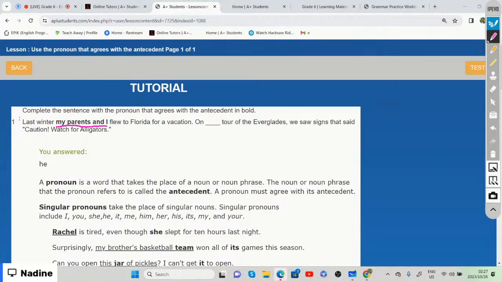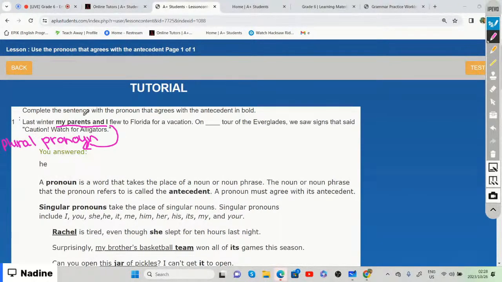So my parents and I, firstly, that is plural. So I'm going to write the word here, plural. It refers to more than one person. So which means that we need to have a plural pronoun that refers to or agrees with our antecedent, which is my parents and I.